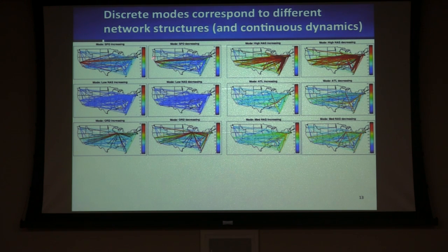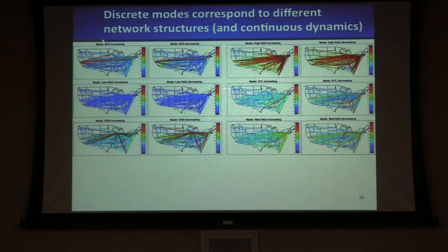I'm going to just read them in order because I think you may not see a few of them. This, for example, is a mode that I call San Francisco increasing, because when I look at this, it looks like the delays are concentrated around San Francisco. This would be San Francisco decreasing.